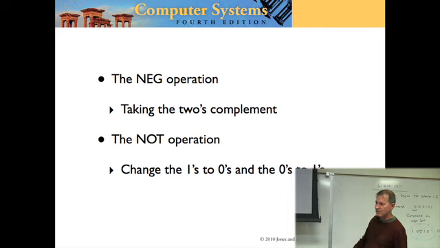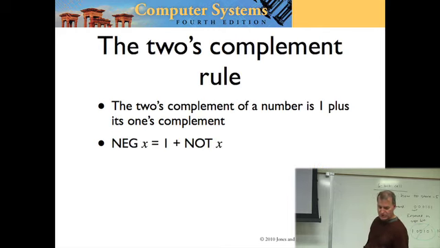Neg is not plus 1. Yes, and that is the 2's complement rule. Negating a number is called taking its 2's complement. The 2's complement of a number is 1 plus its 1's complement. So neg x equals 1 plus not x. In this particular example, negative 5 is 1 plus not 5.